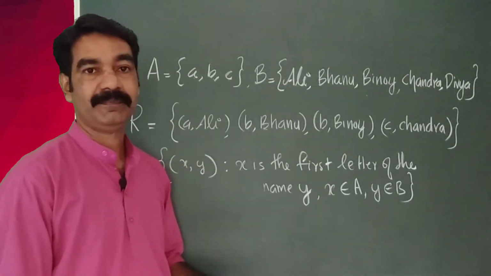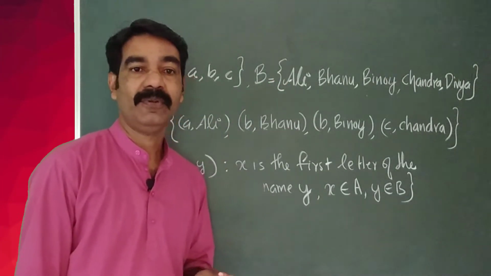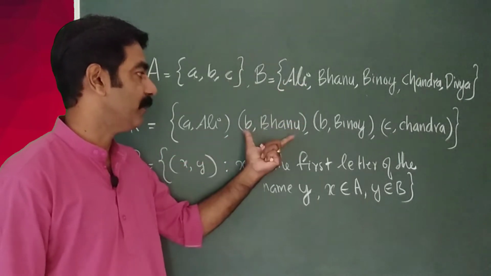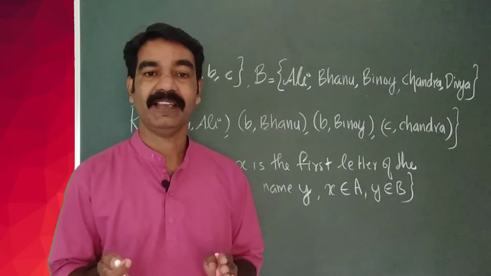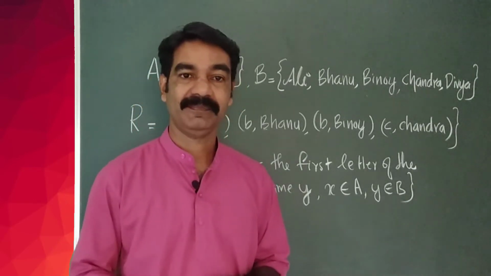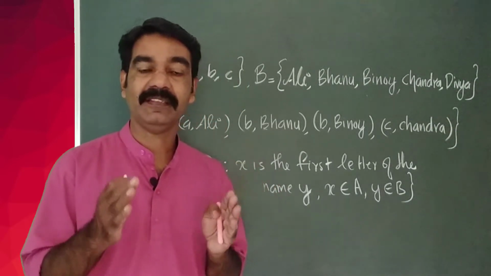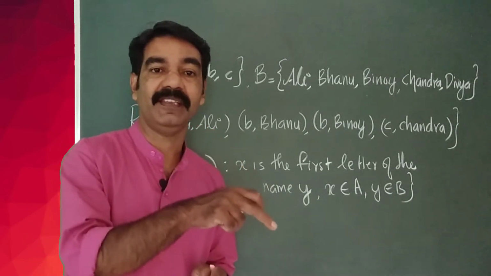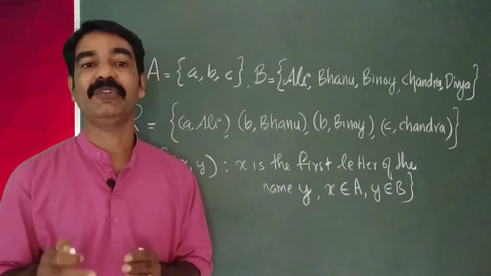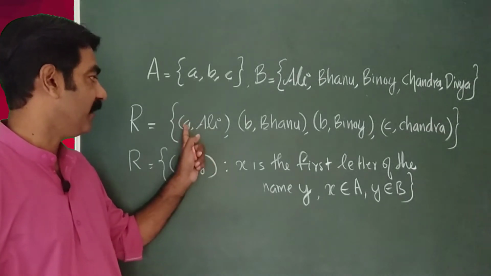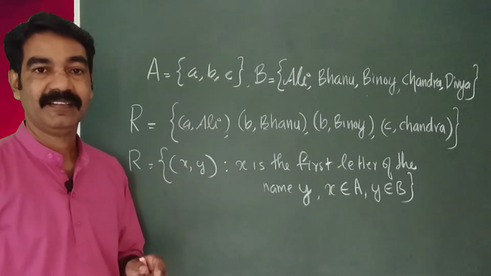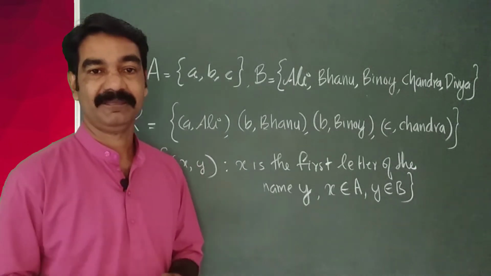A relation is always a subset of A cross B. Any subset of A cross B is a relation from what? A to B. Here the ordered pair, the first element and second element, there is some relation.